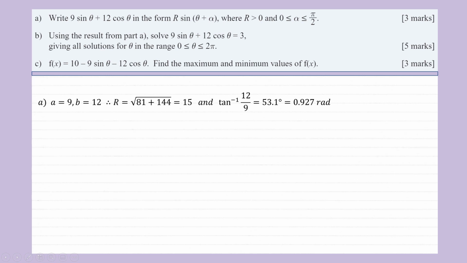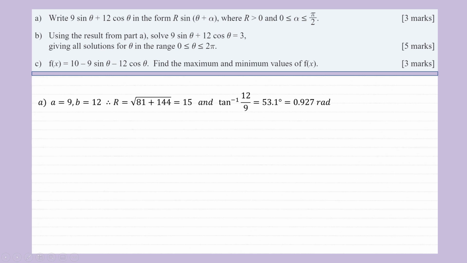Also, the inverse tan of B over A, which is 12 over 9, turns out to be 53.1 degrees again. Now because the question has expressed alpha in radians, I've changed that to 0.927 radians. Okay, so part A is now complete.